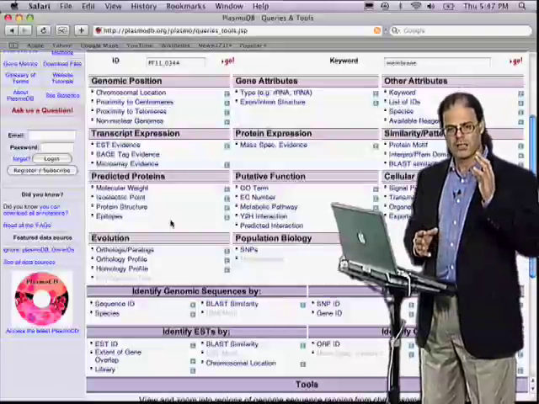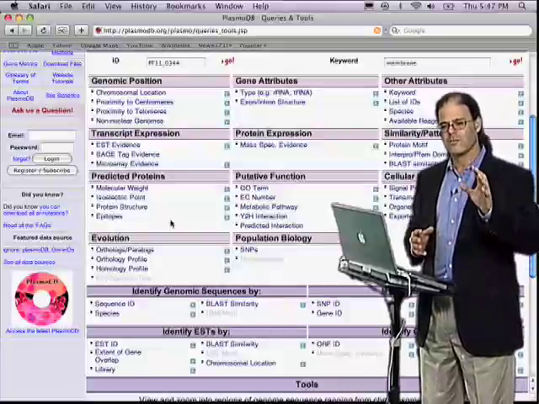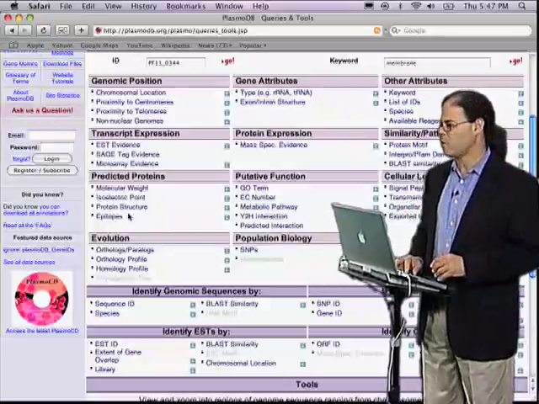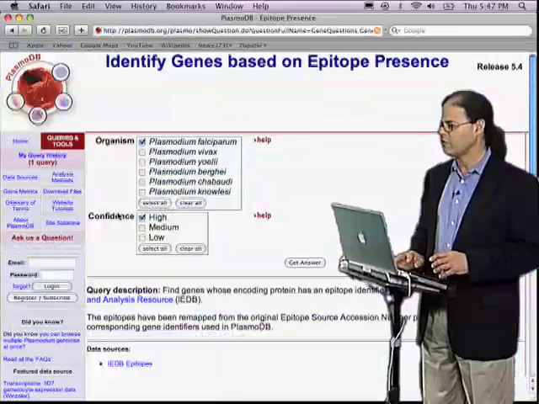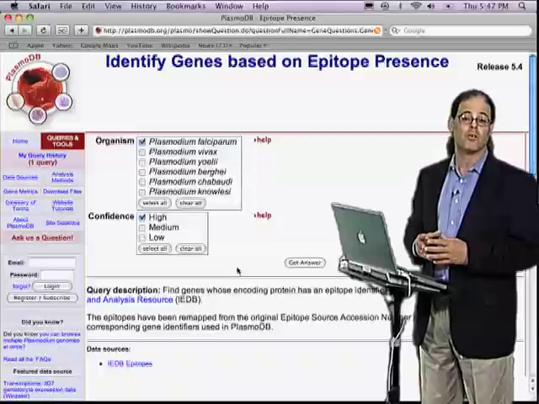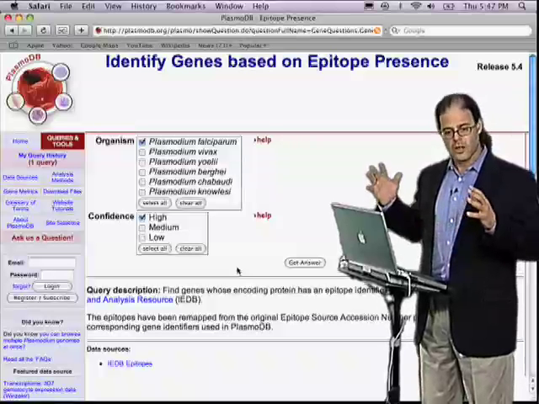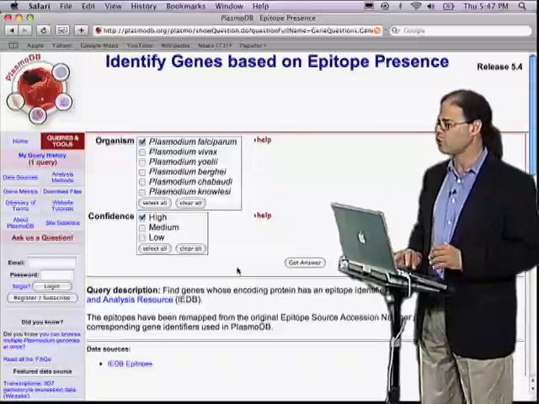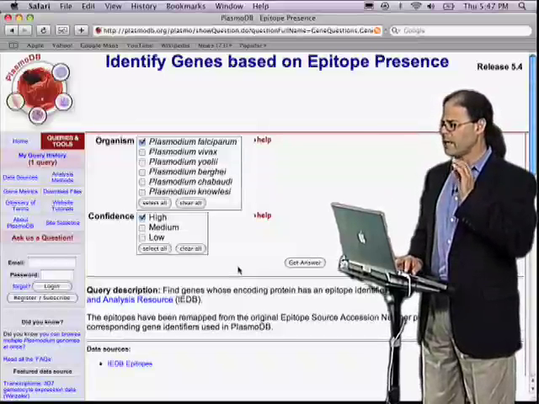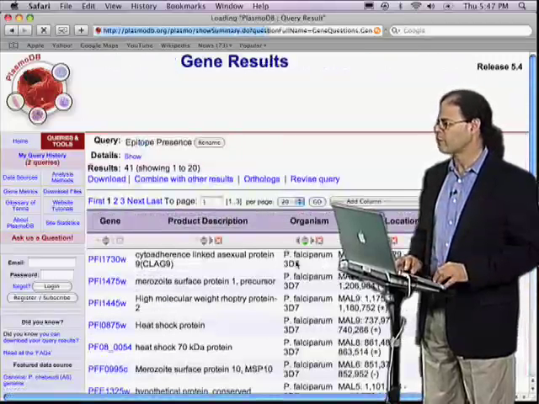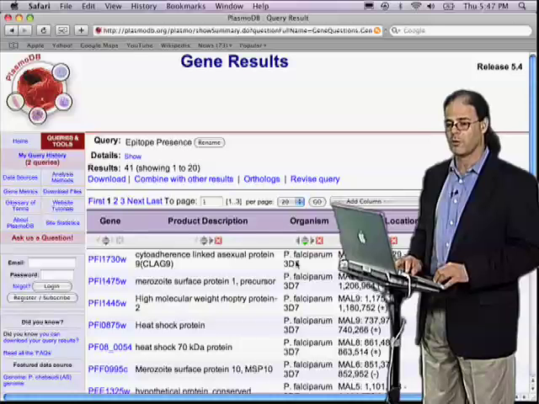We certainly would expect that a target for vaccine development would have to be antigenic in some way. And so here we can take advantage of extensively curated information that comes from the Immune Epitope Database project, whose research on other databases has been incorporated into this database. And we can look for genes that have been annotated with a very high confidence of antigenic production against Plasmodium falciparum.